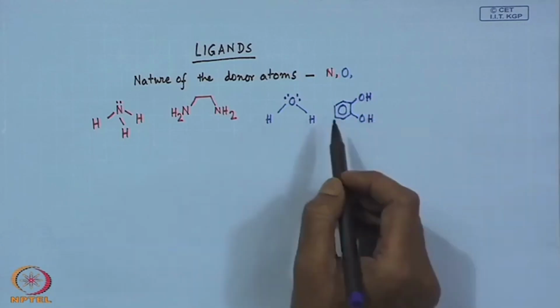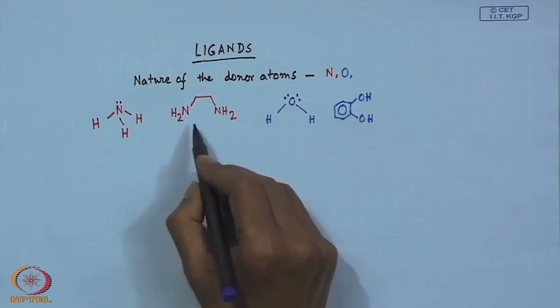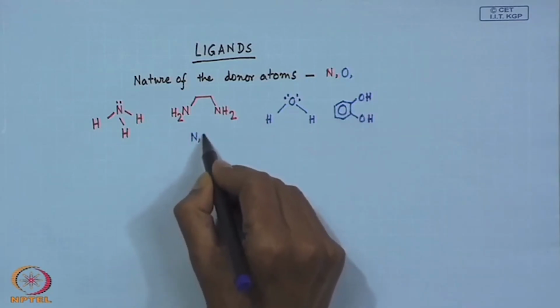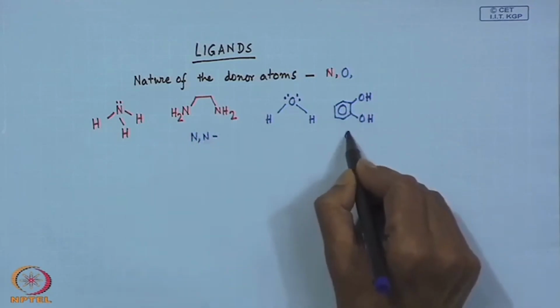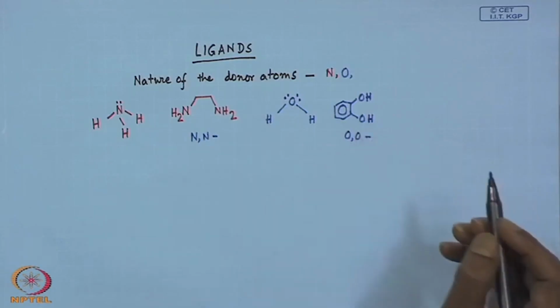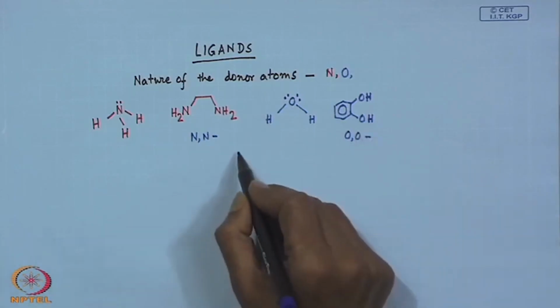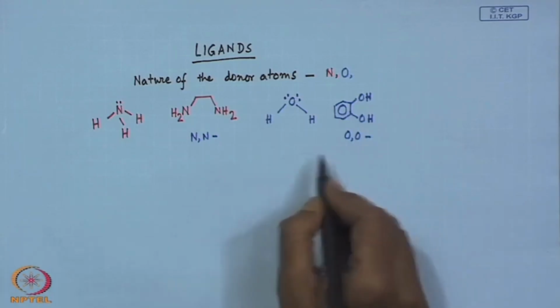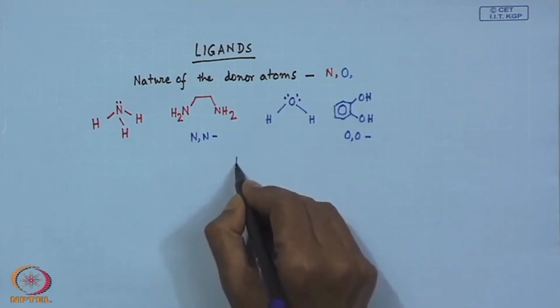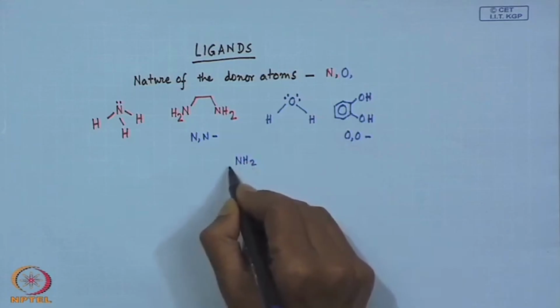So, these are the simple possible bidentate ligands where we can have nitrogen donor atoms or oxygen donor atoms, and at the same time we can also have the combination of these two.